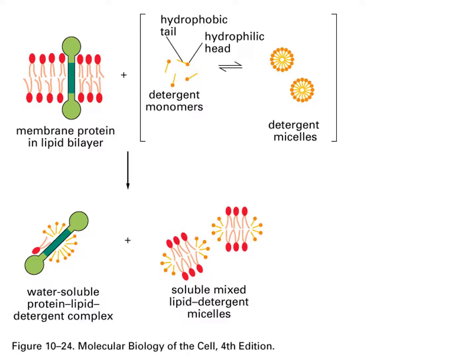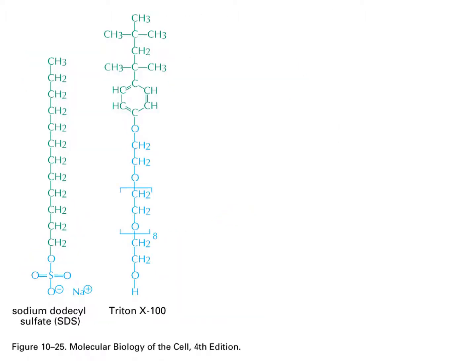The detergent actually takes the place of the lipids and covers and binds the transmembrane region here. So that excludes the regular phospholipids, and they then tend to form aggregates amongst themselves. So this is how you can purify a protein with detergent.